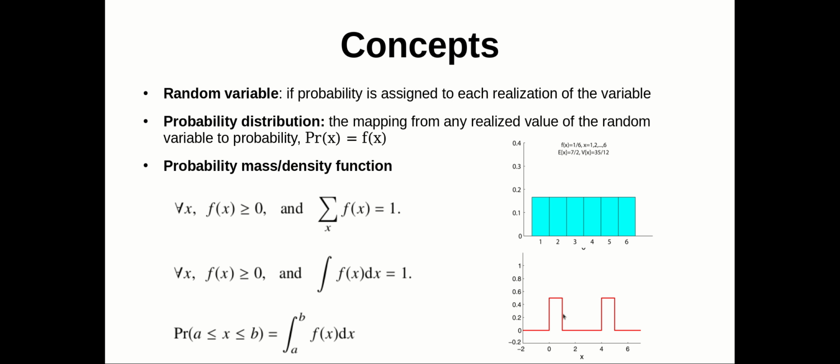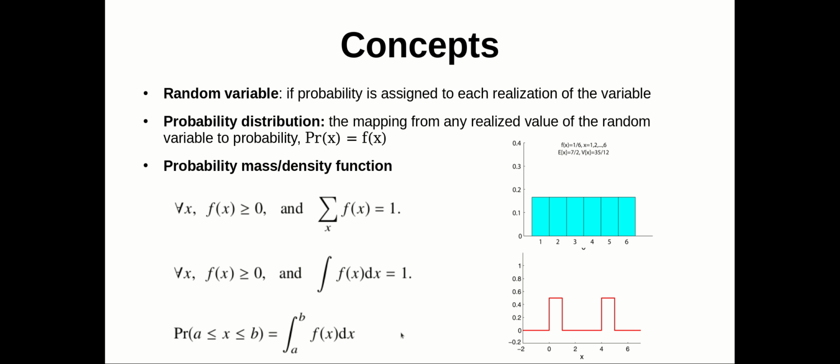And then it turns back to 0 again, right? And then once it reaches location 4, it jumps to 0.5 again, and then lasts for 1 unit, and then turns into 0 again. So it's a continuous function, even though it looks like a discontinuous function, right? But the probability is still a continuous function, so it's a probability density function, right?